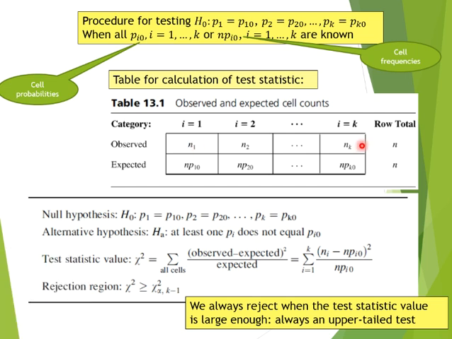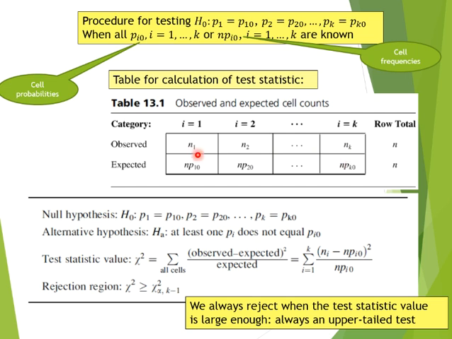And if you suppose that the probabilities in each category are the same, such as in the case of a balanced die, then you expect the frequencies in all these cases to be equal, and you compare to what you observe.